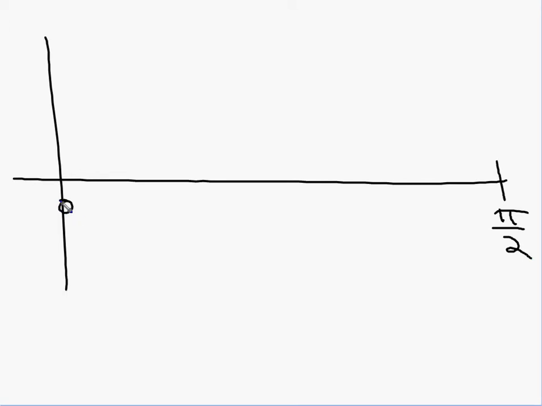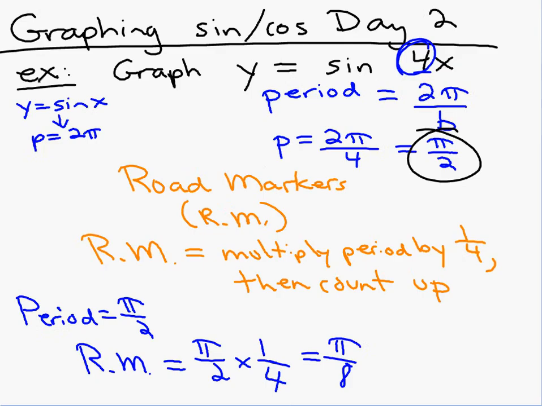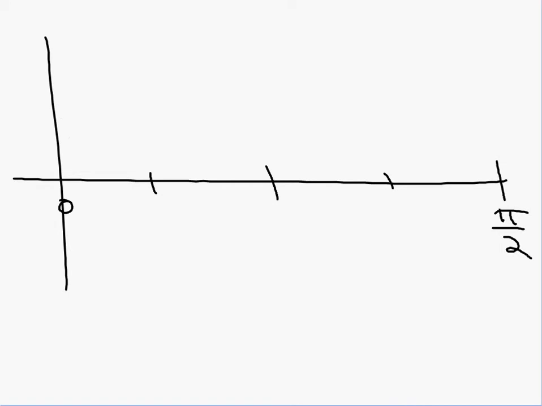But yesterday when I sketched this for you, I told you that we break this up into 4 quadrantal values. Okay? And this is where my road markers are going to go. Didn't we just say that my road marker was pi eighths? So watch how this works. It's very easy.